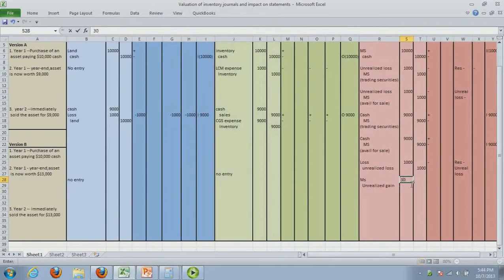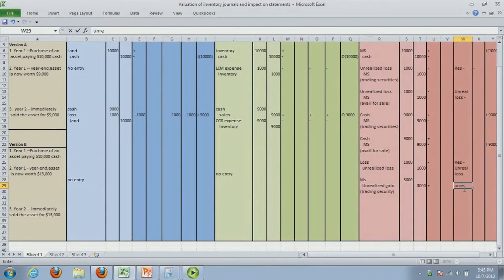So that's for $3,000 and $3,000. And if this is available, trading rather, do that first. We buy and sell it on a regular basis, then it's going to impact assets going up and your stockholders' equity increasing, and that's going to be under that new category, unrealized.